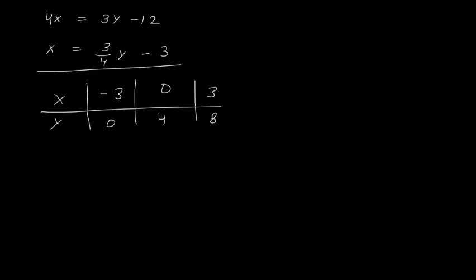If you understand it, good. Otherwise, replace and find the values. Like I will say that when y is 4, so x will be equal to 3 divided by 4 multiplied by 4 minus 3. This 4 and 4 will cancel and it is 3 minus 3, which is equal to 0.